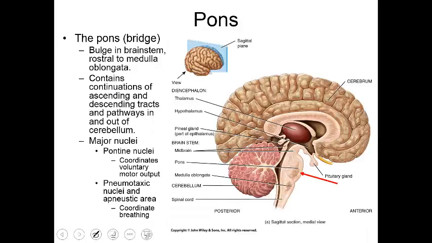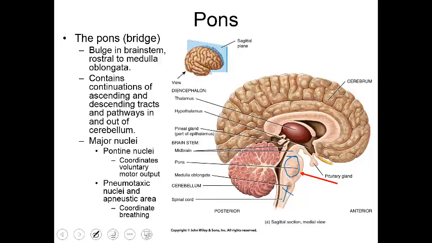Now the next part of the brainstem is the pons. So this right here, let me change the color. This right here is the medulla oblongata, and this bump right here is the pons. It's a noticeable bulge in the brainstem, and it contains continuations of those ascending and descending tracts.